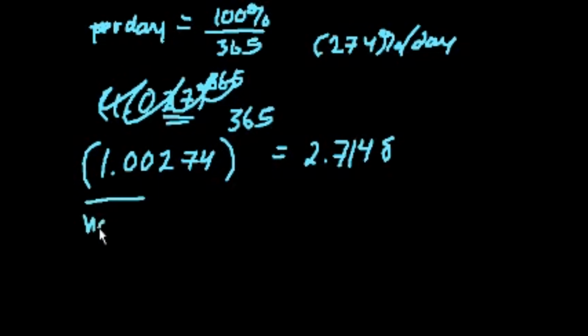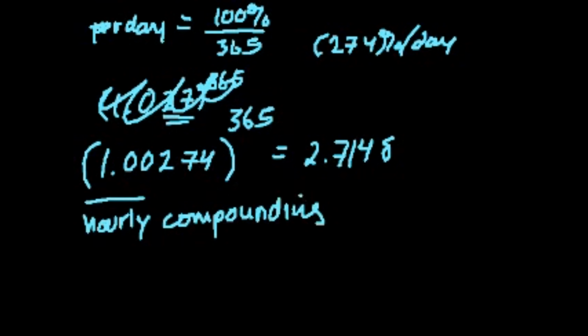So hourly compounding. I should have been doing this in green. It's money. But let's see. Hourly compounding, I will charge you 100% divided by the number of hours in a year, which equals 0.0114% per hour.